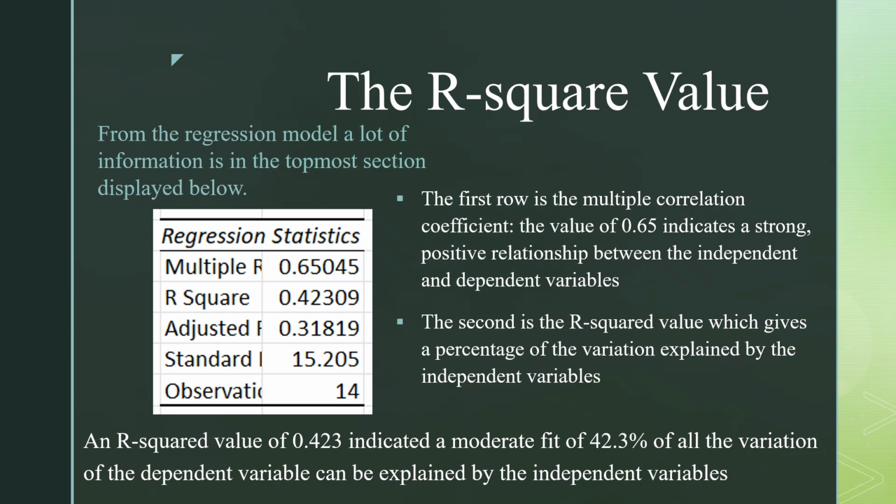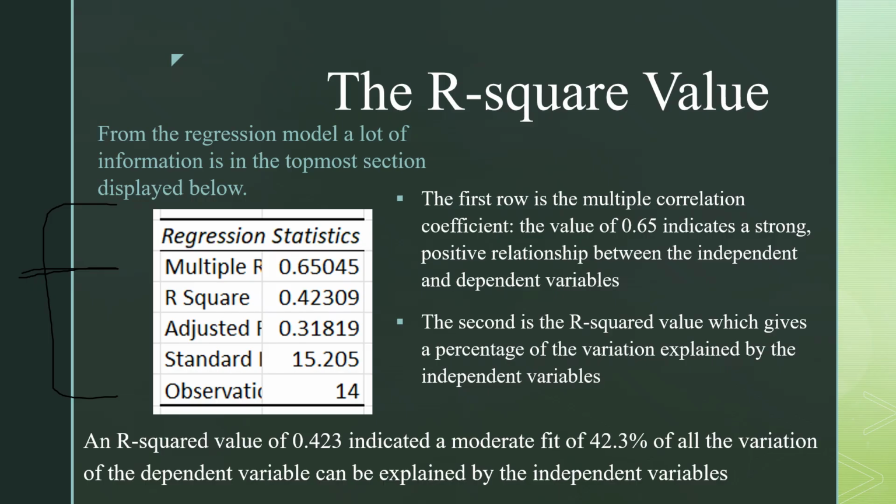The first section of the regression output summary in Excel is the regression statistics. The first item in this chart is the multiple correlation coefficient. This model presents a correlation of 0.65, which indicates a strong positive relationship, meaning as one group increases, the other group increases.